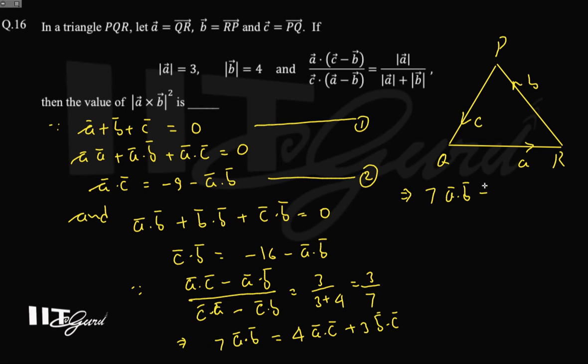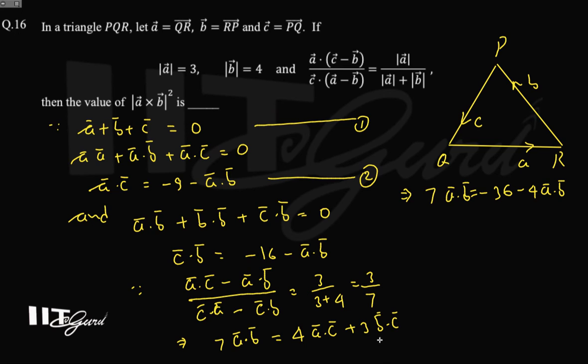Minus 9 minus A dot B. So put this value over here in A dot C: 4 times 9 is 36, so 7 A dot B plus 36 equals minus 36 minus 4 times A dot B, multiplied with 4, and here that is plus 3 B dot C. But for this one, B dot C, what do you write?